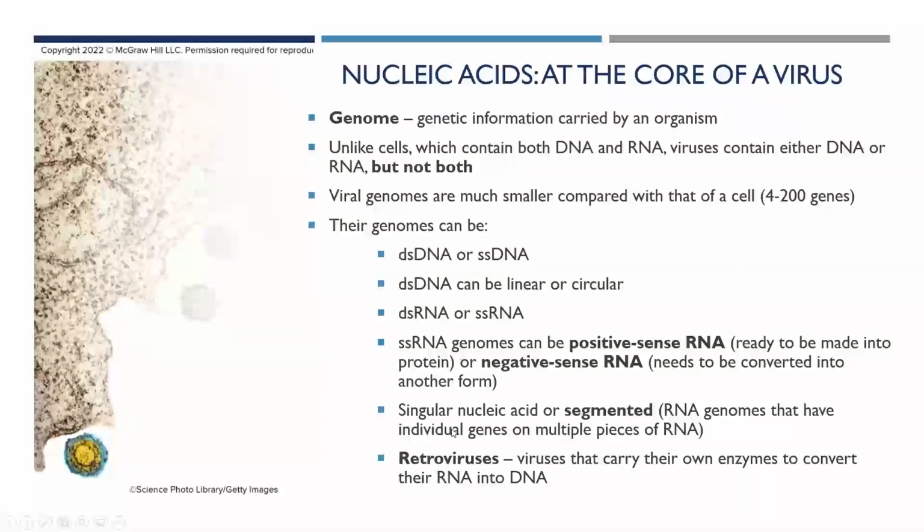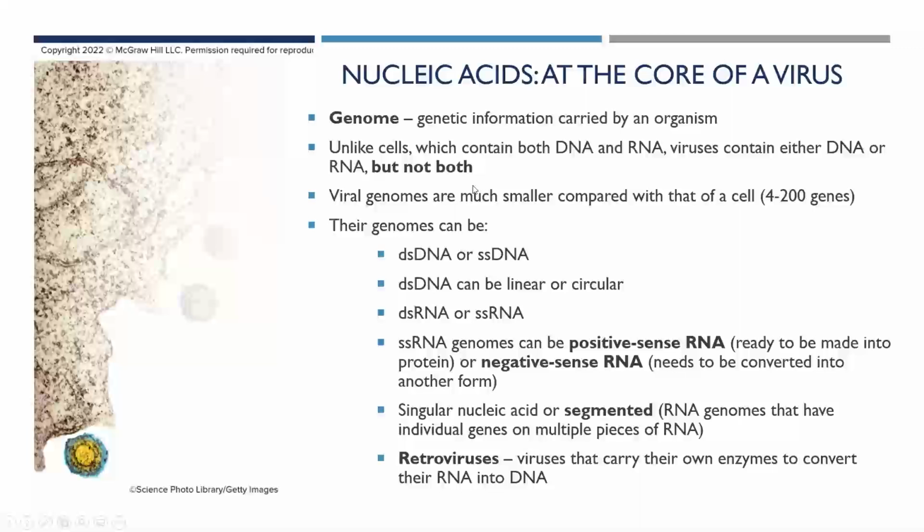Okay, so another thing we can use to further identify and characterize viruses is their nucleic acids. They have a genome of their own, even though they're not technically alive, they still carry their own unique genetic material.